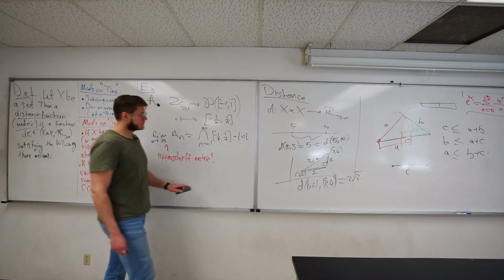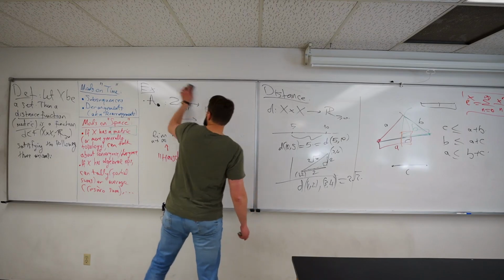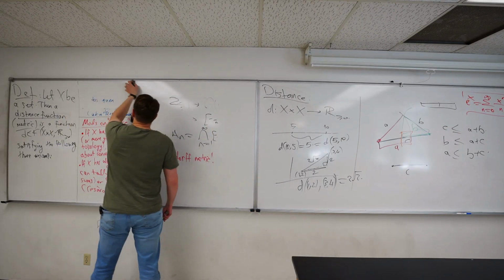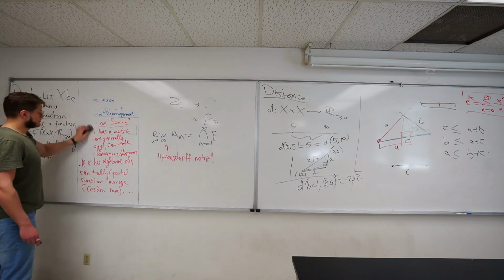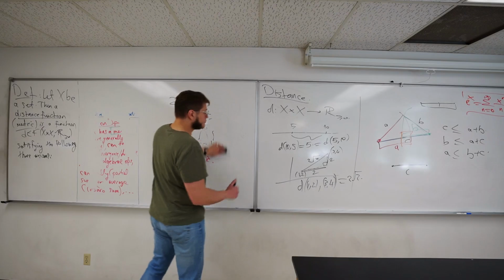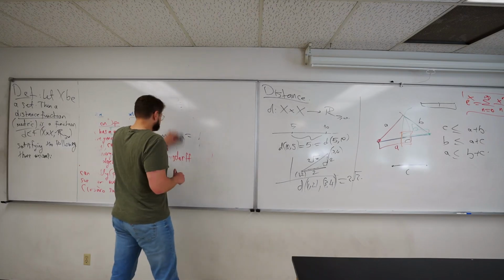I'm going to write them in the order of importance. First, I want to write the triangular inequality. This is our most important inequality. In this class, we're going to keep using this over and over again.